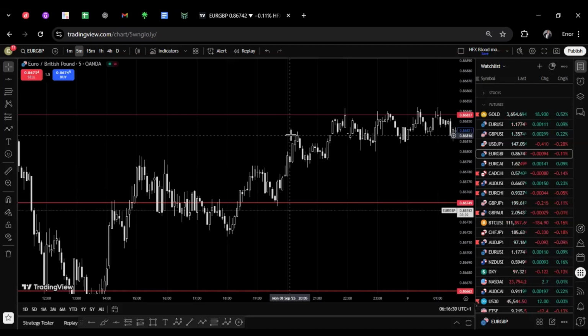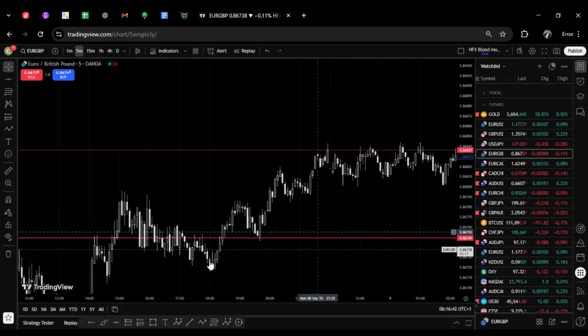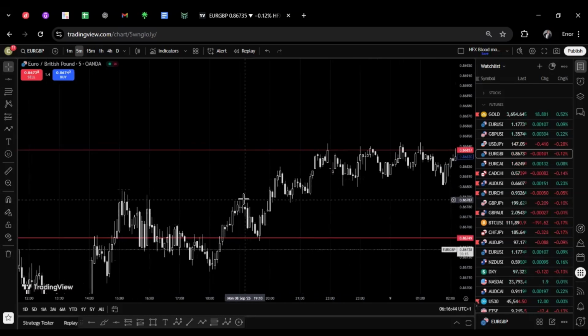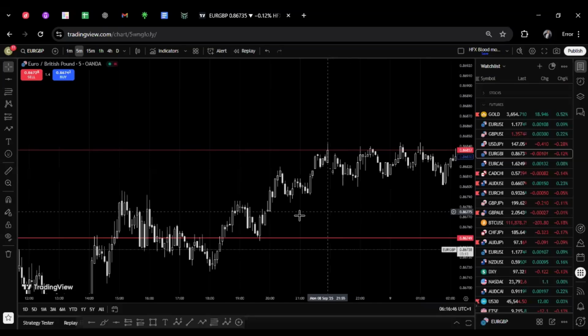It's simple. When it comes to trending markets, the best strategy to use is the break and retest strategy. And it's that simple. Now, I don't want to use this area, let me use this area, for instance. What is break and retest?